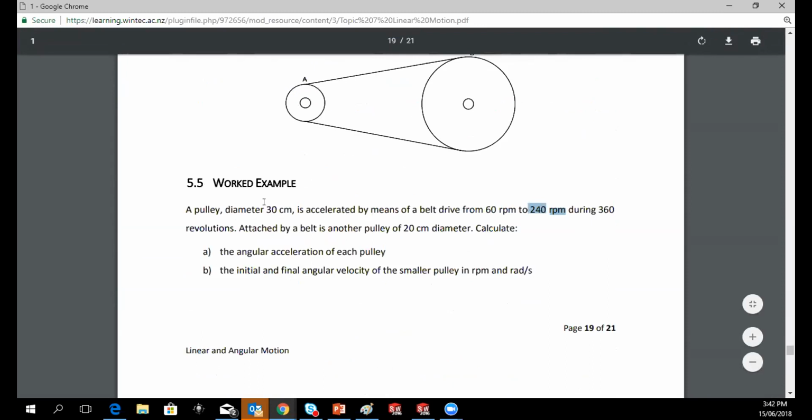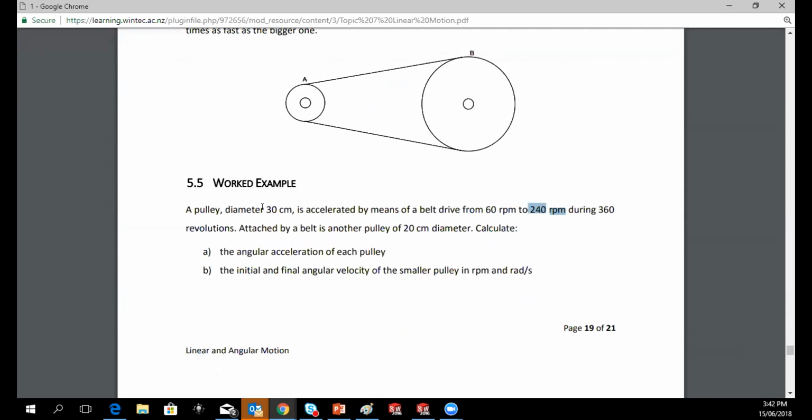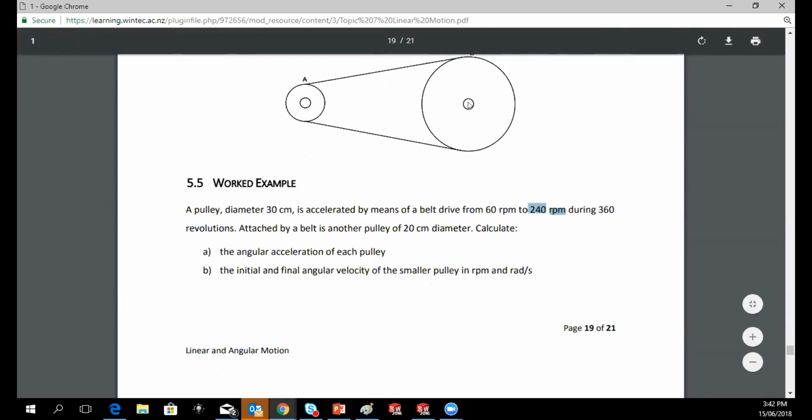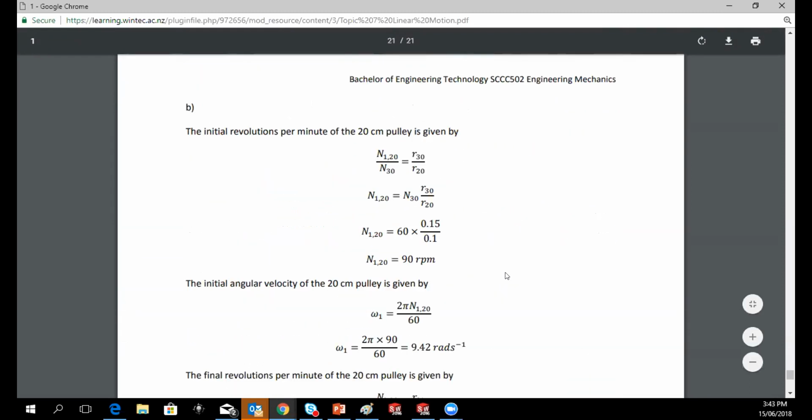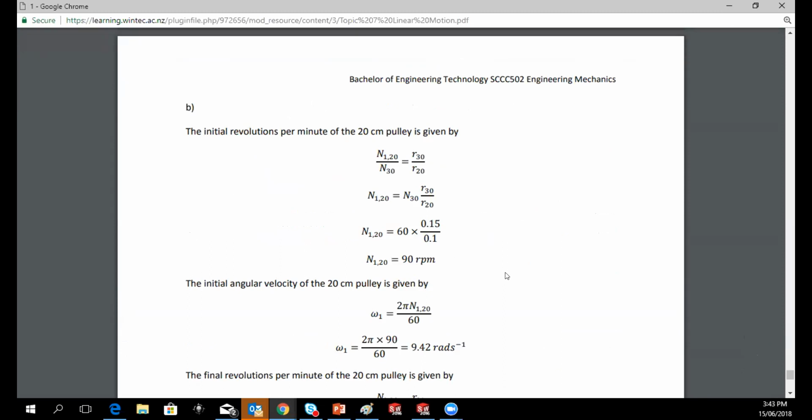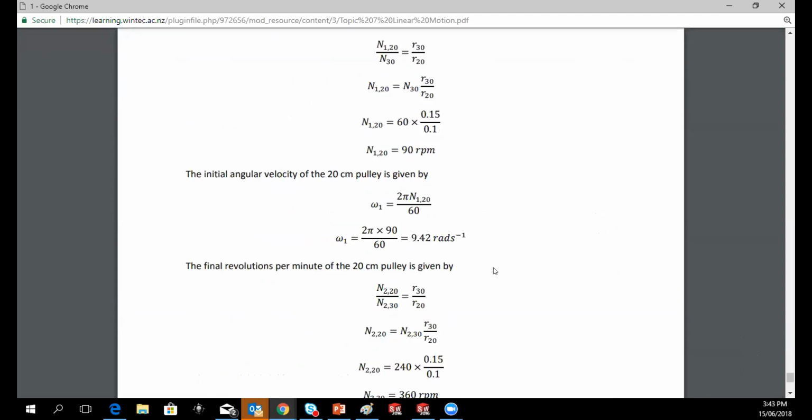The diameters here are given in centimeters: the bigger pulley is 30 centimeters and the smaller one is 20 centimeters. This generates different speeds, and it makes sense. The pulley with the biggest diameter will rotate slower than the one with the smaller diameter, which is faster.